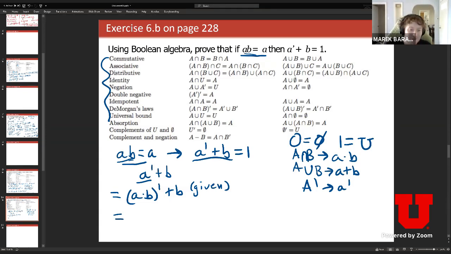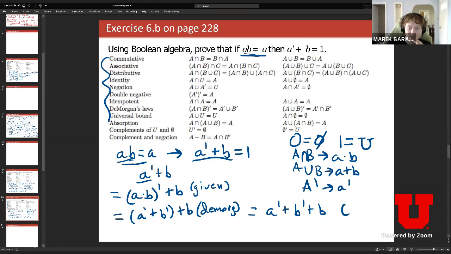We apply De Morgan's rule, and we get A complement plus B complement plus B. That's by De Morgan's. And that's associative.